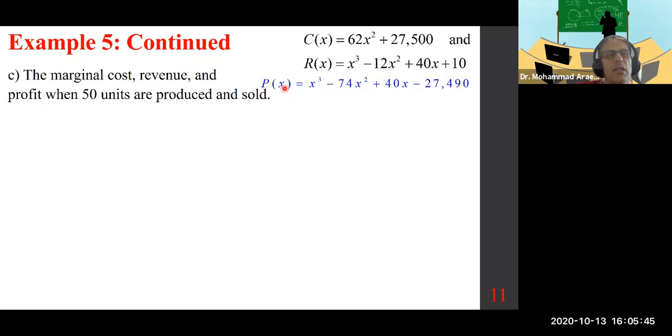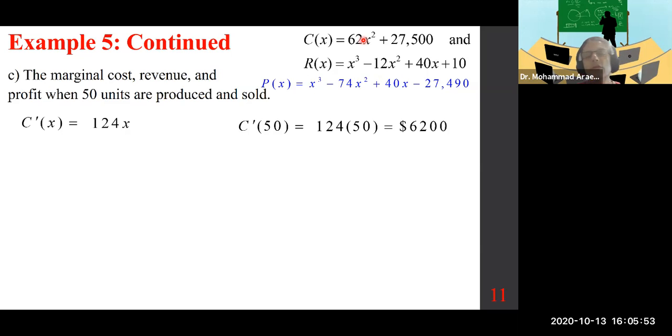So, C prime of x is 62 times 2x, 124x. Plug in 50, and it gives you the answer $6,200. That's the marginal cost: differentiate, plug in.